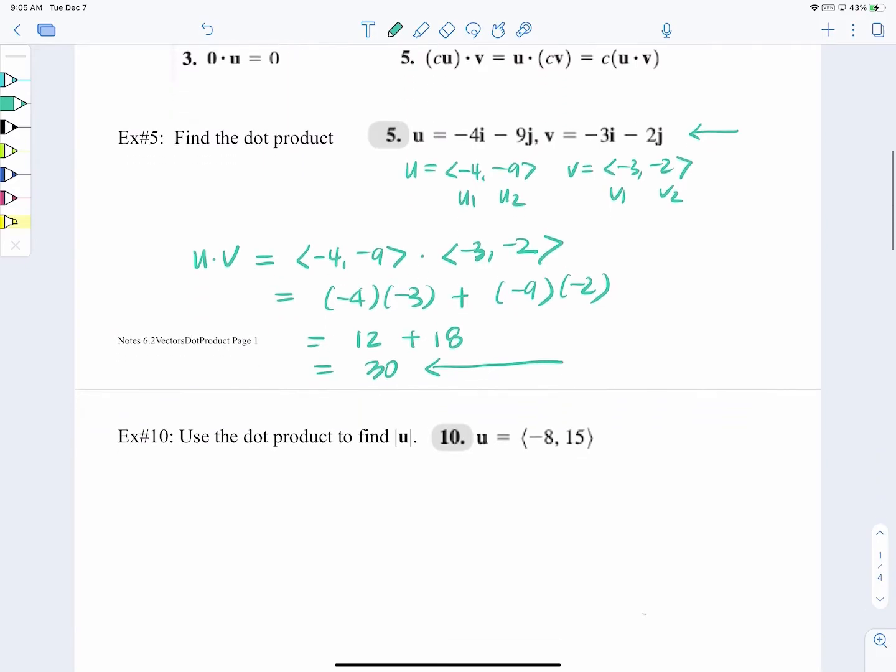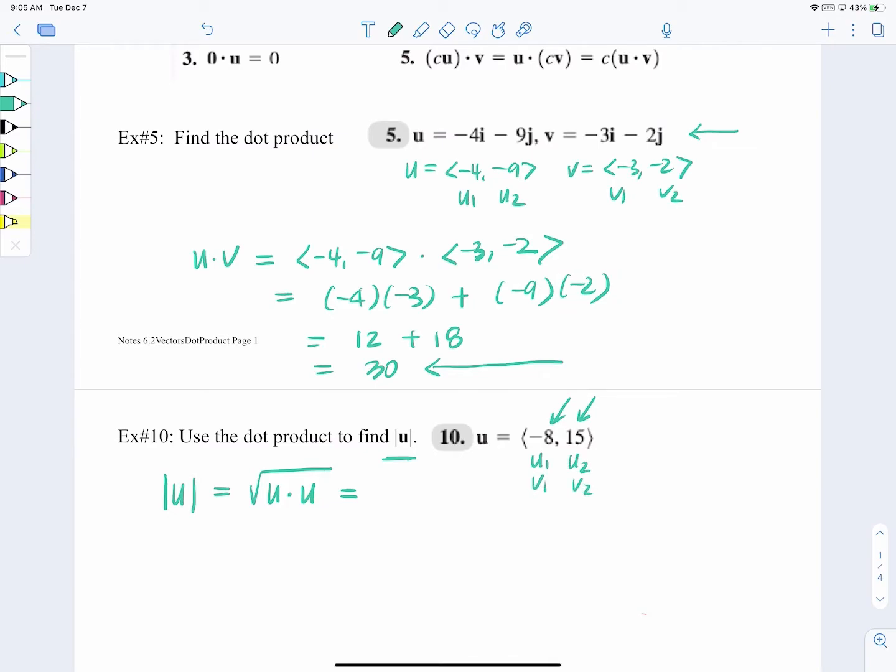Now, use the dot product to find the magnitude of U. Well, the magnitude of U is what? Isn't it just these components squared? So wouldn't you agree that the dot product is actually just U times U, and that's why it's the dot product, really, right? This guy is your U1, and this guy's also our V1. It's U2 and V2. It plays both roles, right?